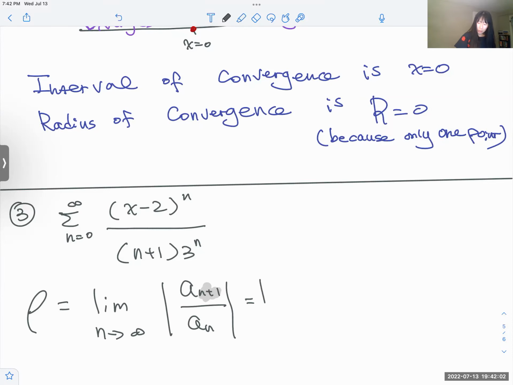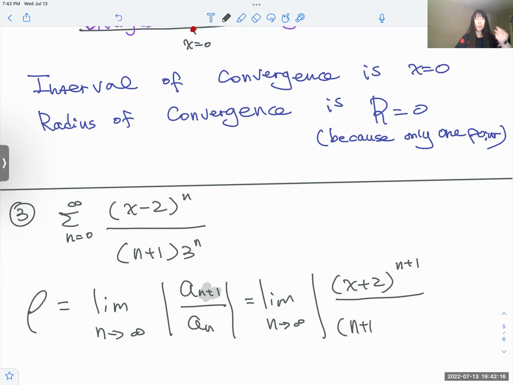So we will have a sub n plus 1: x minus 2 to the n plus 1 over n plus 1 plus 1, times 3 to the n plus 1, right?